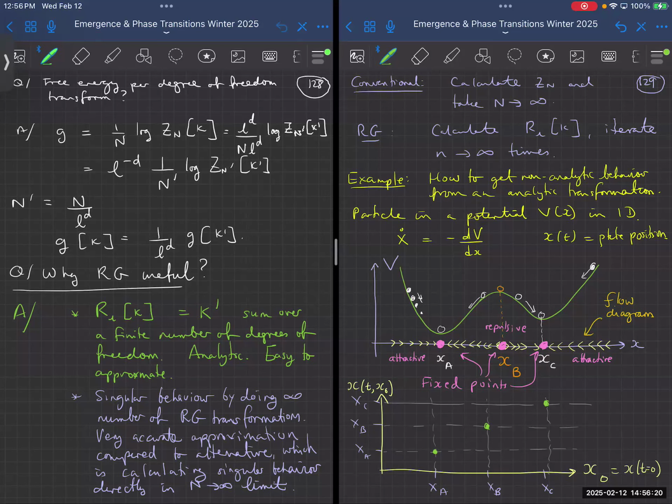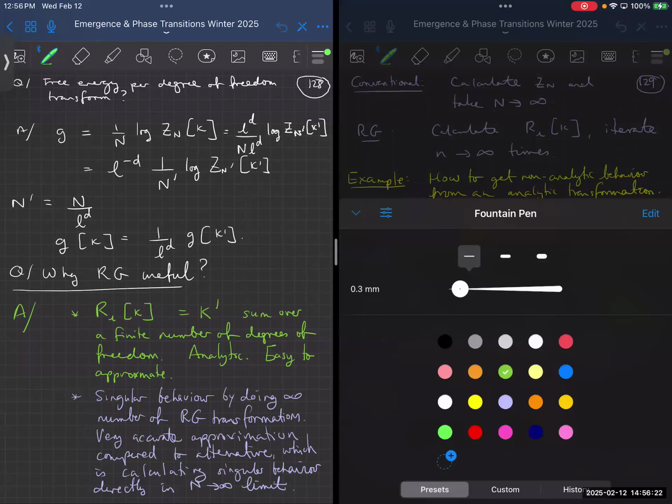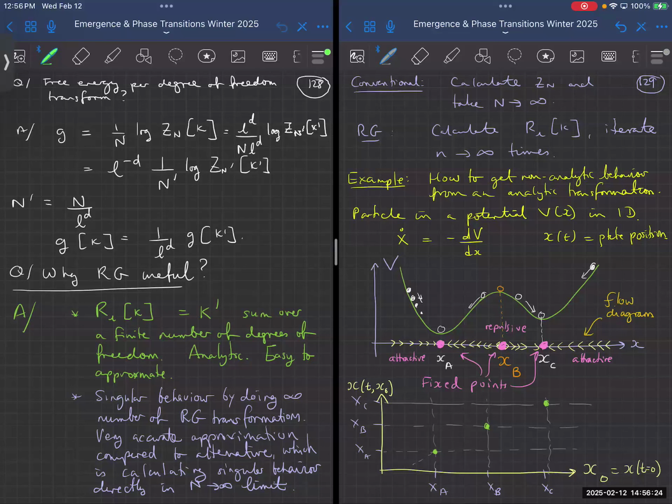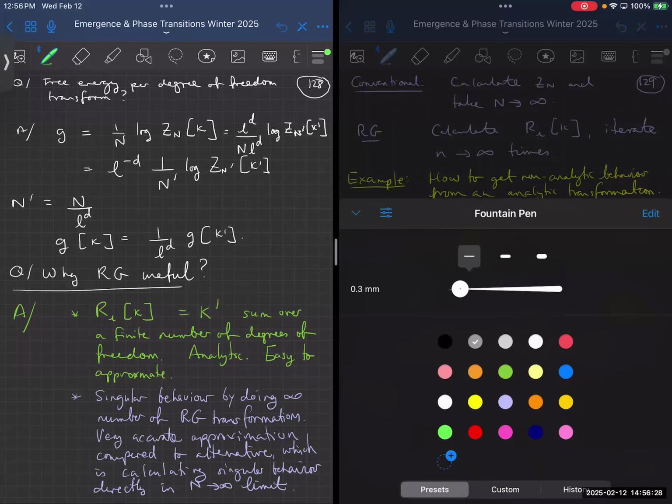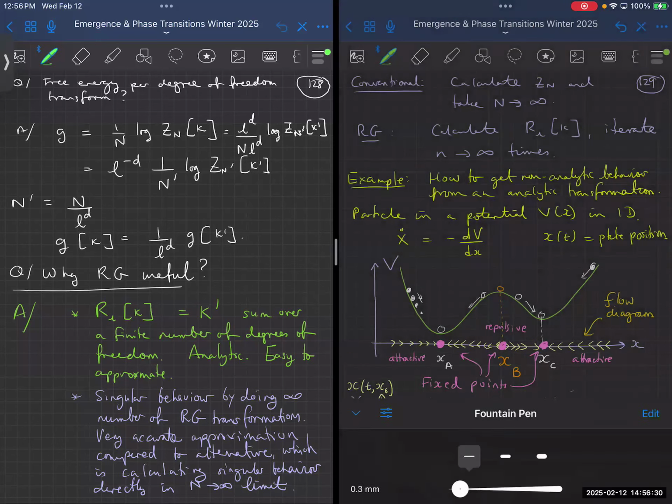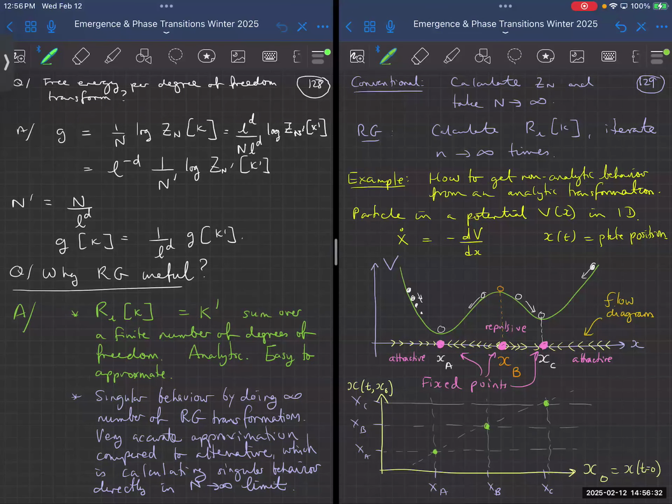So if I draw a dashed line through here like that, so what will happen is if I start to the right here, instead of going to the same place, I'm going to go to somewhere lower. So I'm going to get a curve that looks something like this.